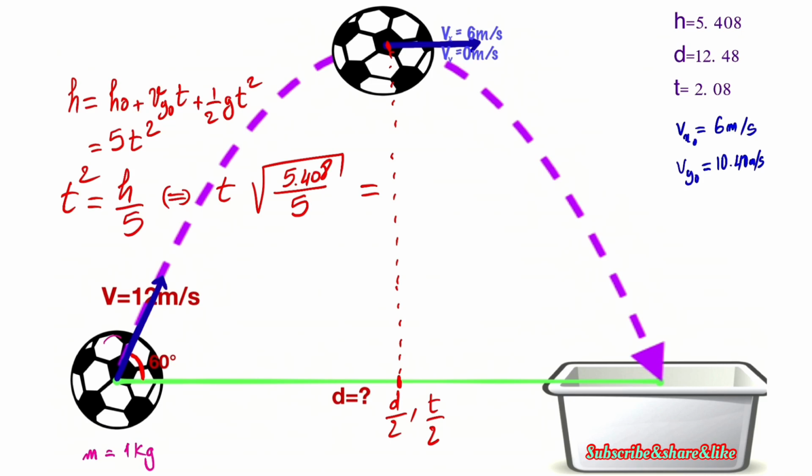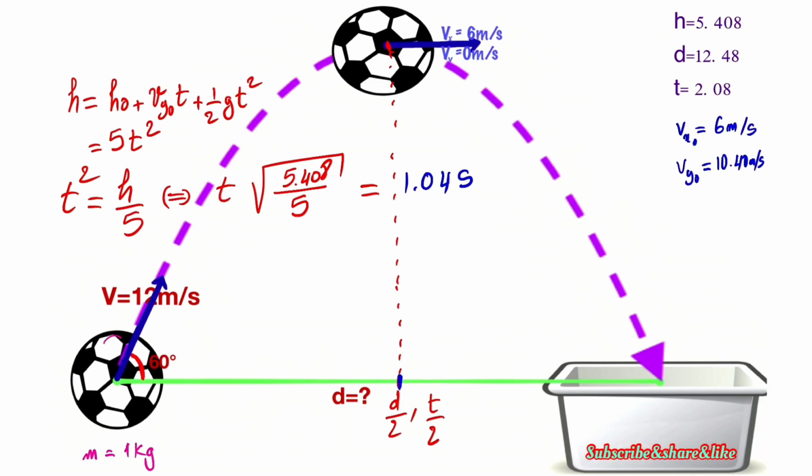Let's see how much it is going to give us. The square root of 5.40 divided by 5, and we get 1.04. So the time at this point here is just 1.04 seconds.